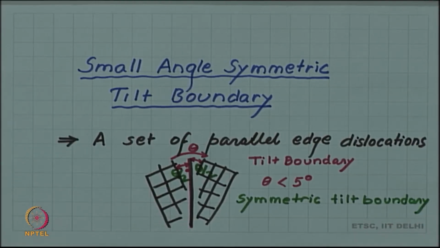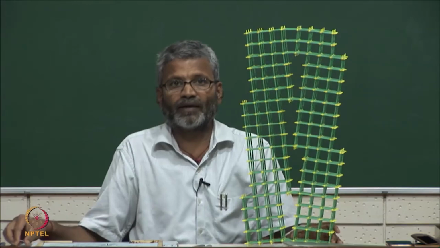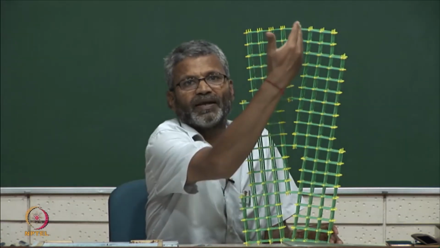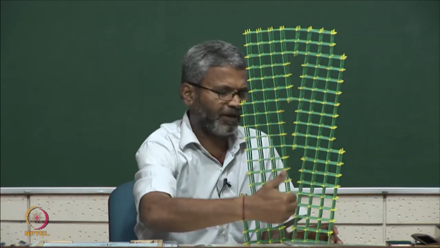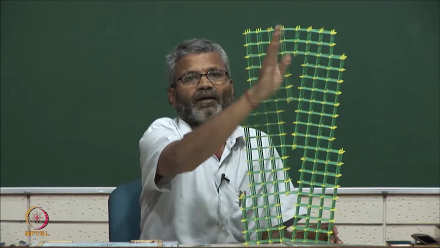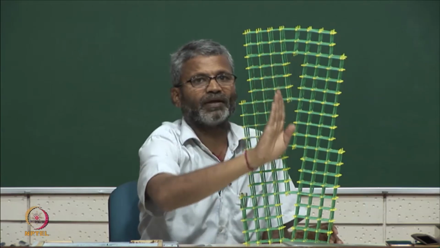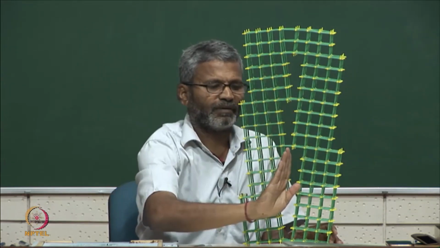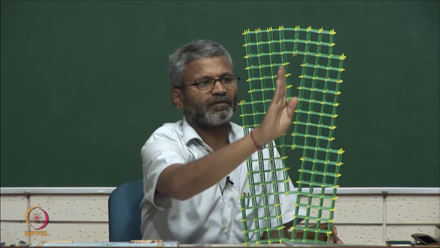So, let me show you a model of such a symmetric tilt boundary. This is a model of a low angle symmetric tilt boundary. You can imagine the vertical plane going here in the middle. So, there is a boundary which is normal to this front surface of the crystal and is vertical.